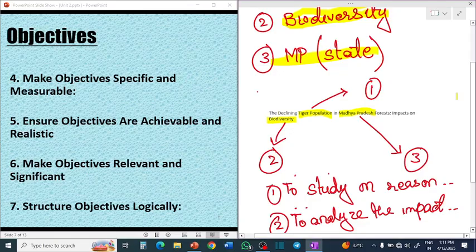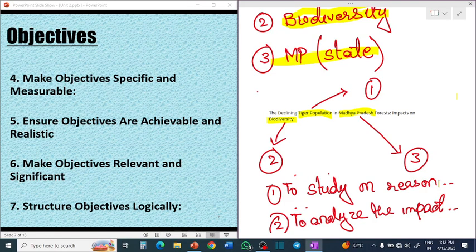So we have taken the topic, the declining tiger population in Madhya Pradesh forest, impact on biodiversity. First we have to see what the first point is, the tigers' population. So the first objective we will say is to study the reason for the decreasing population of the tigers.